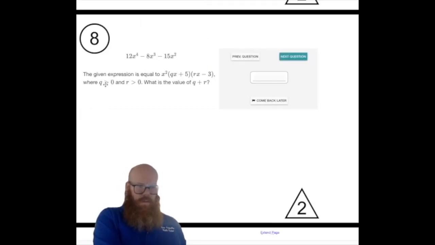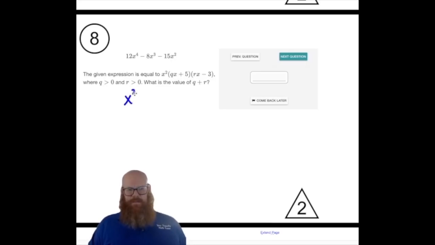Moving on, we have number 8. So these are equivalent, and we want Q plus R. So essentially, it really just wants us to factor this. So let's see if we could do this by factoring, and then see at what point can we stop the problem. So we have 12x squared minus 8x minus 15.